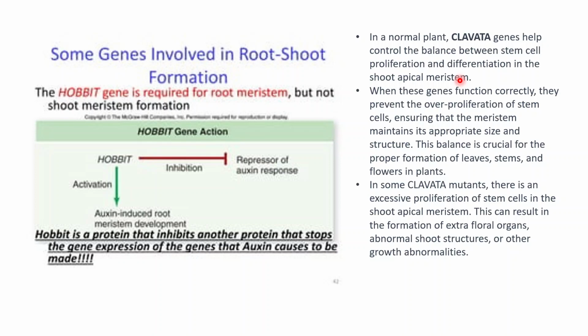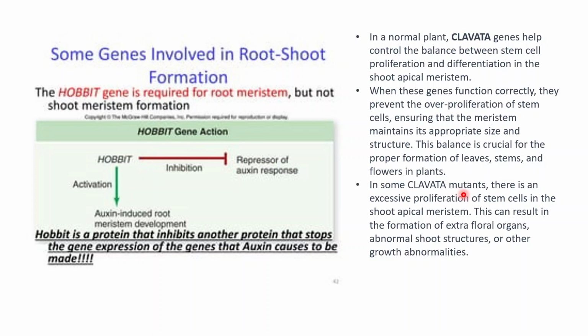Clavata genes are pro-differentiative and they maintain a balance between stem cell proliferation and differentiation in the SAM, or shoot apical meristem. When these genes function correctly, they prevent the over-proliferation of the stem cells. So the job of Clavata is to keep stem cell proliferation in check, ensuring that the meristem maintains its appropriate size and structure. The balance is crucial for proper formation of leaves, stems, and flowers in the plant.